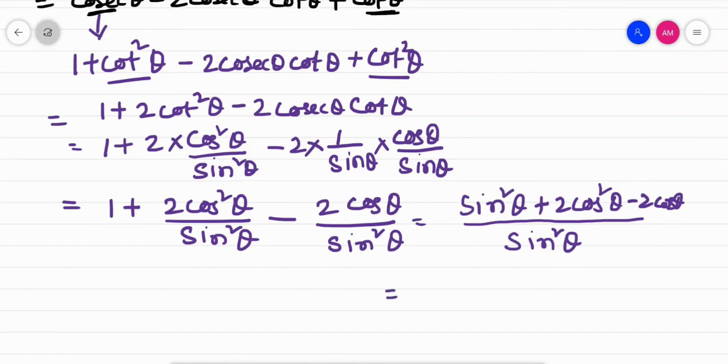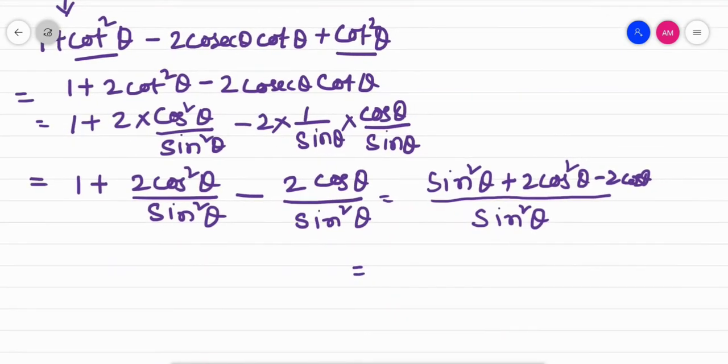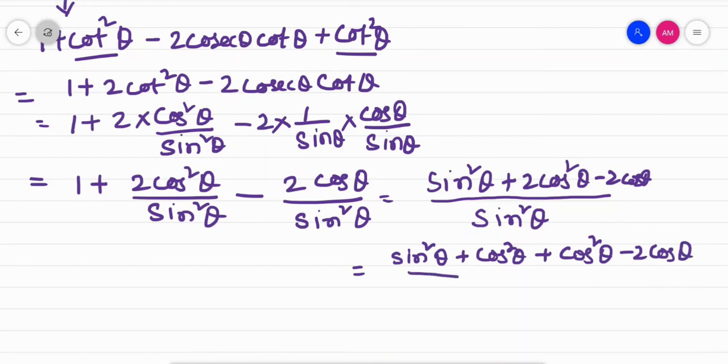What you will do here is, see children, sin square theta plus 2 cos square theta, it is sin square theta plus cos square theta plus cos square theta, minus 2 cos theta by sin square theta.